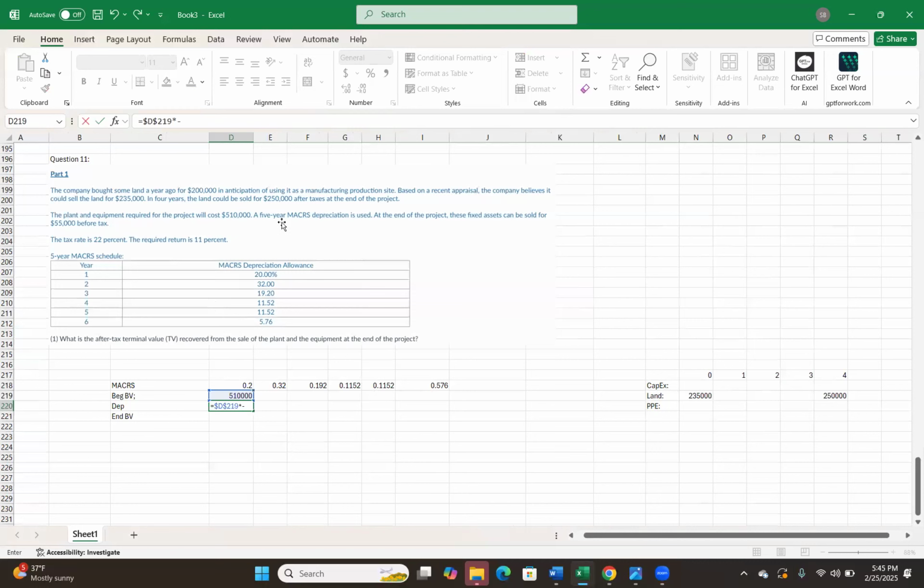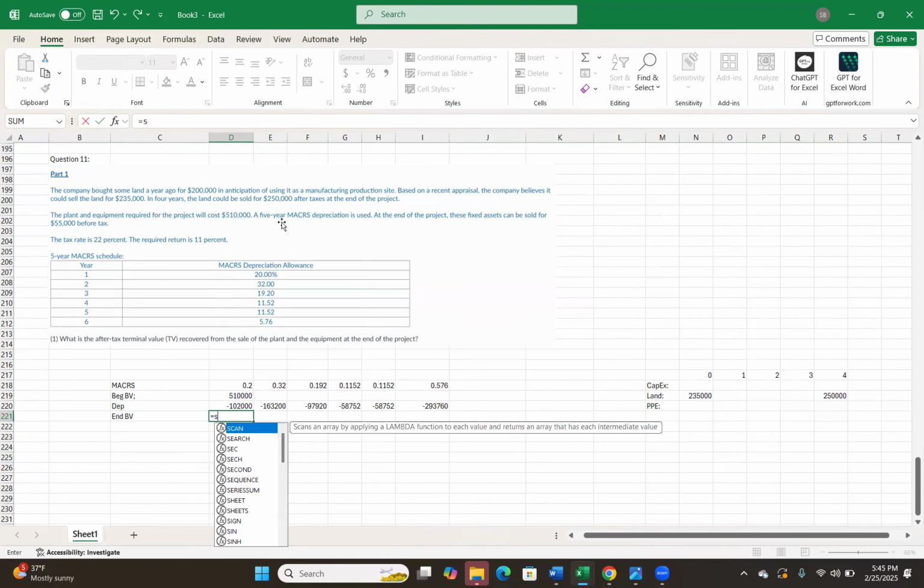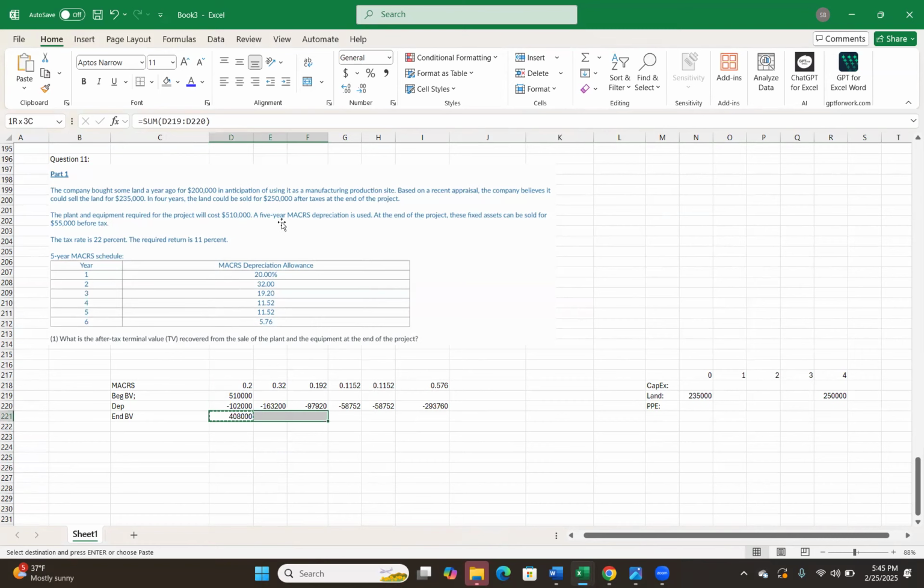I'm gonna multiply it by the negative percent, so I get a negative number. Then this is going to be equal to the sum of the 2 above. Then my beginning book value in year 2 is going to be equal to my ending book value in year 1. Awesome. Okay. Let me clarify. And then we actually don't need these, so let me get rid of them.